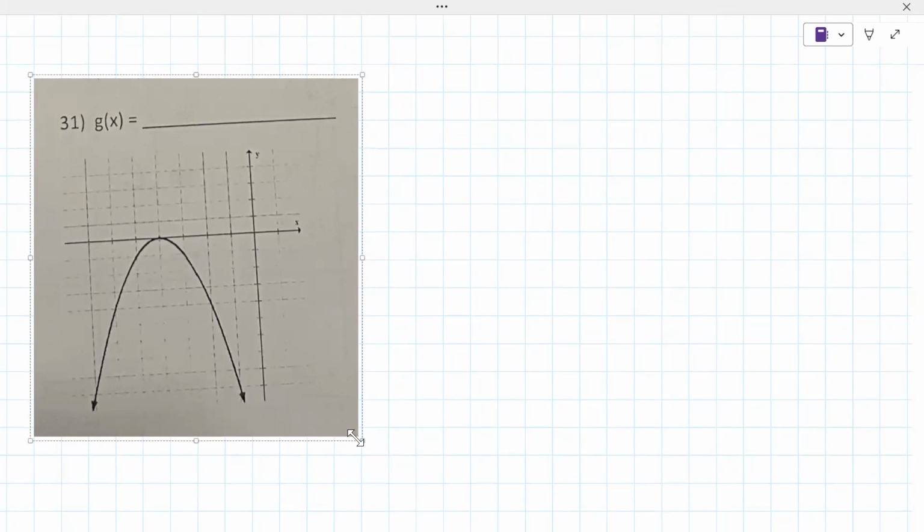See if you can come up with the equation for this. Okay, negative x plus 4 squared.